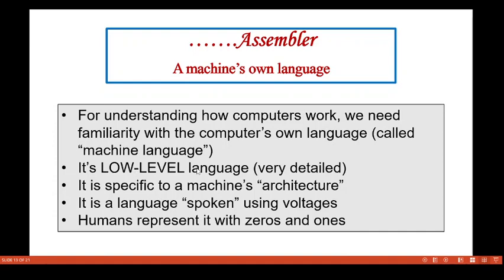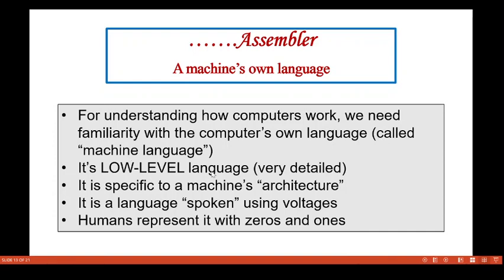So if you know high level programming language, it's good for you to know the low level programming language, which we call machine language. That is the only language that a machine, or a computer, can understand. For understanding how computers work, we need familiarity with the computer's own language, which is called machine language.